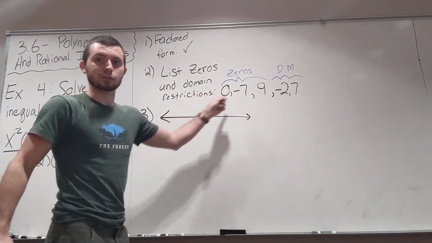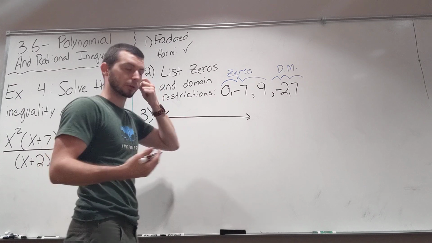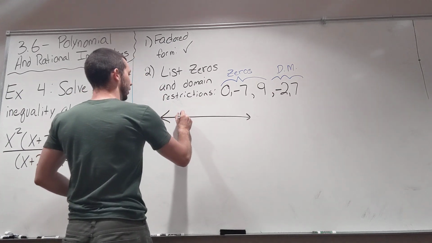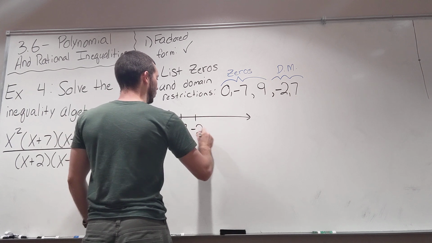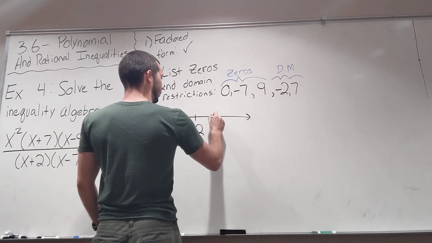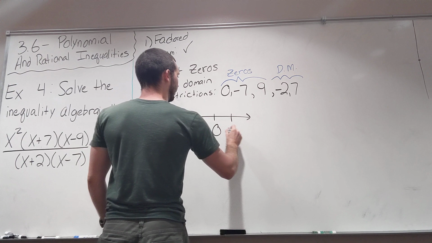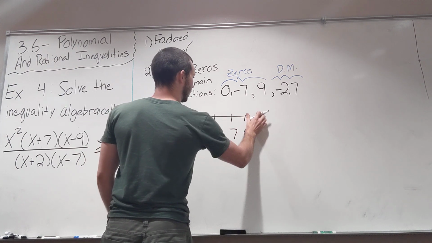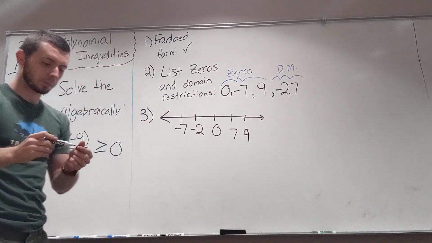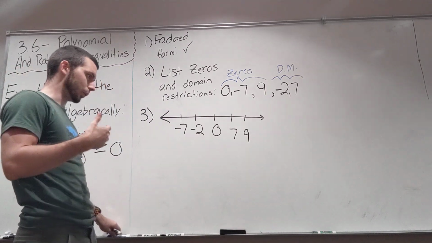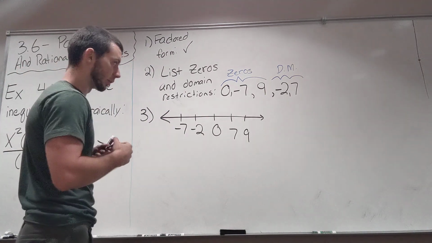And now we have 5 numbers to plot, and we have to put them in order, which just means -7 goes first, and then -2, and then we have 0, and 7, and then 9. So we have quite a few here. And from all of these, we're going to go ahead and pick test points.